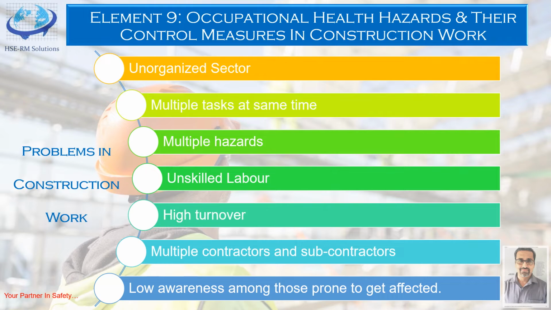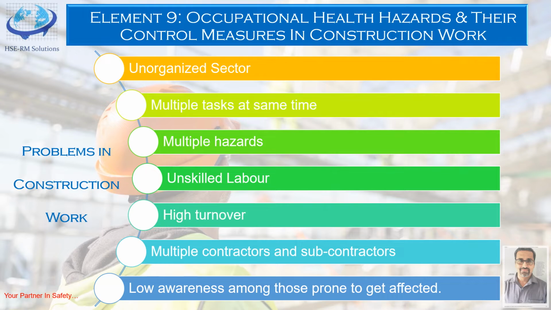Then there are multiple contractors and subcontractors working on the same site. That results in another big challenge for the project leads. And last but not the least, the biggest factor is the lowest awareness among those people who get affected.